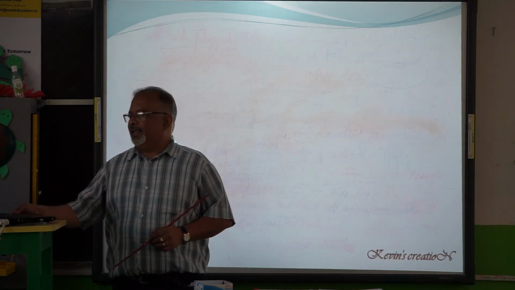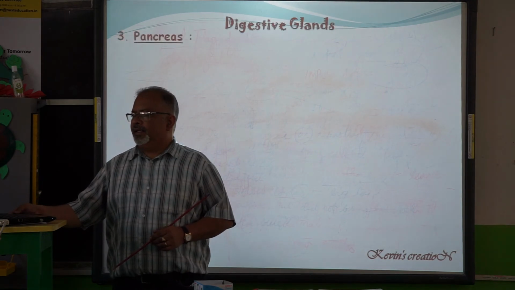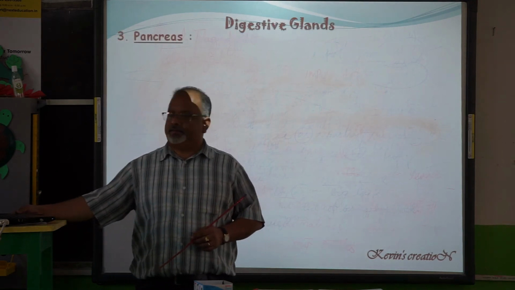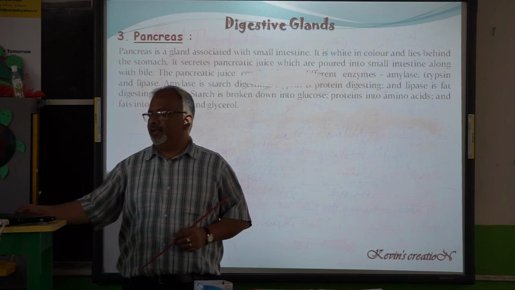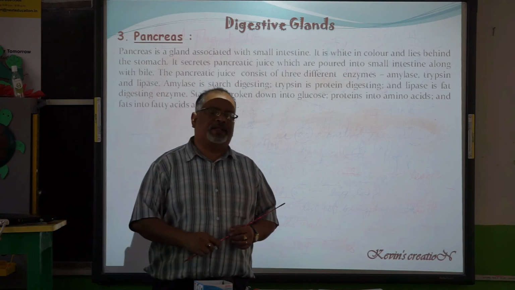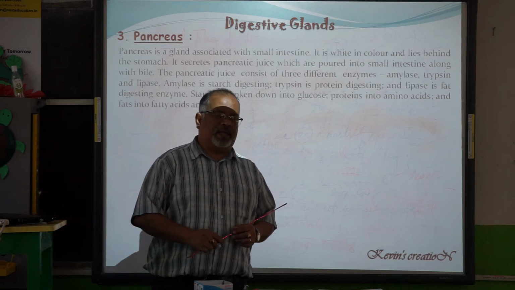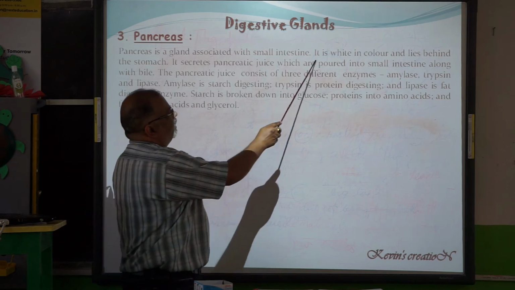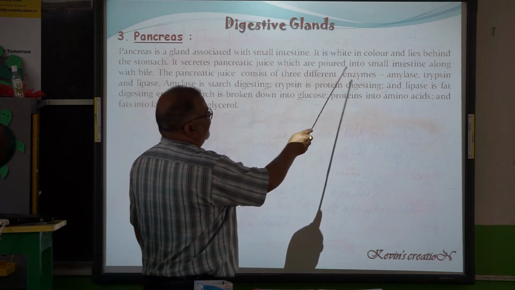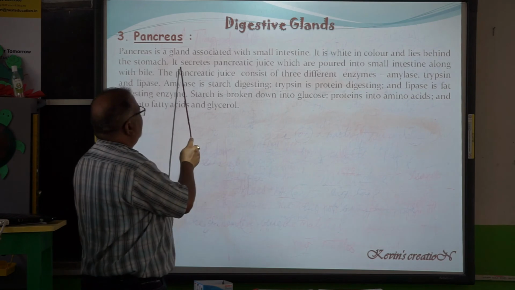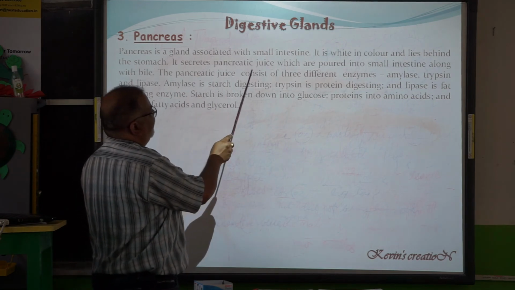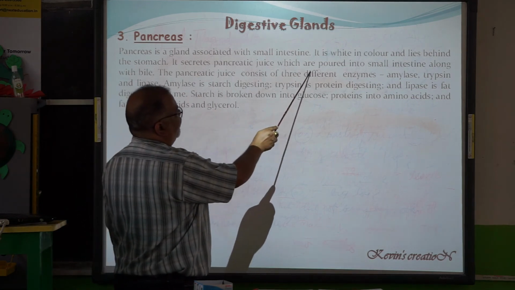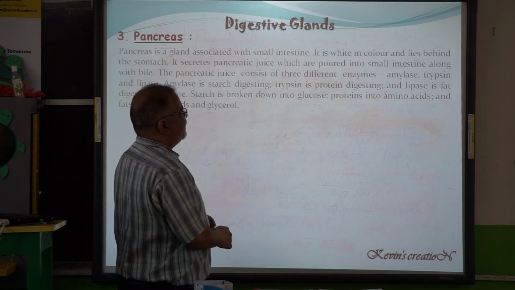The last and the third one here is pancreas. It's a gland associated with small intestine. It is white in color and lies behind the stomach. It secretes pancreatic juice which is poured into small intestine.